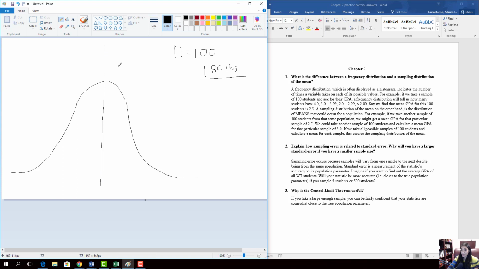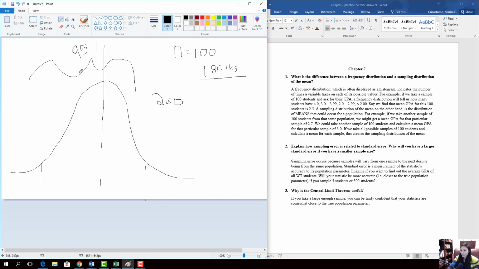But again, the sampling distribution of the mean of all those means is equal to the true population parameter. And we know from the empirical rule that 95% of the distribution will be within 2 standard deviations of the mean, right?